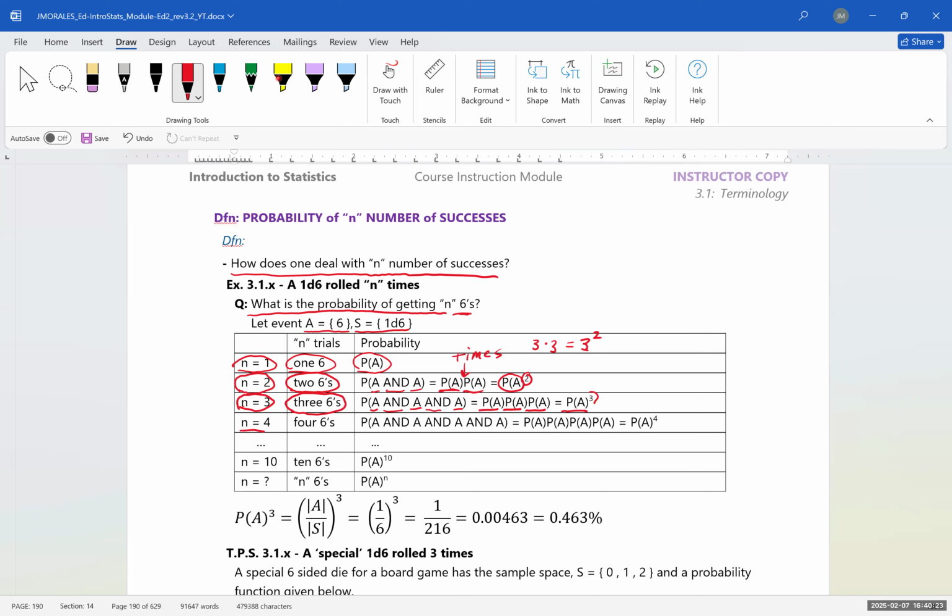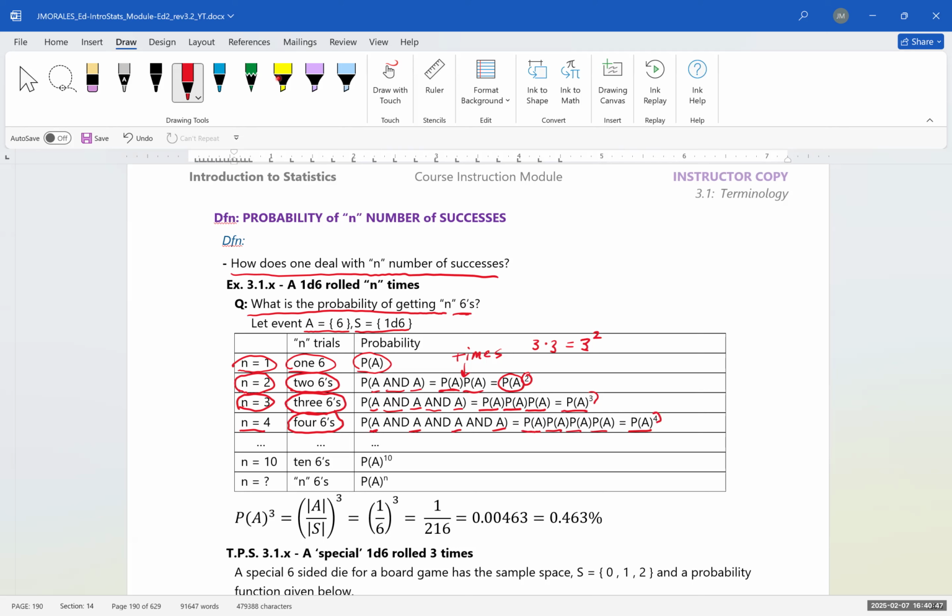And if we were to roll the dice four times and find the probability of getting four sixes in a row, it's the probability of a six and a six and a six and a six, or the probability of getting a six once, multiplied four times, which would be the probability of getting a six to the fourth power.